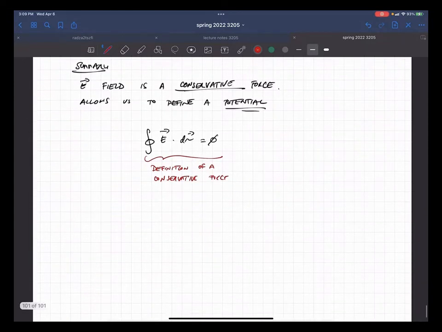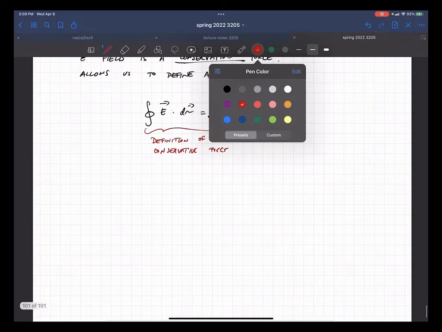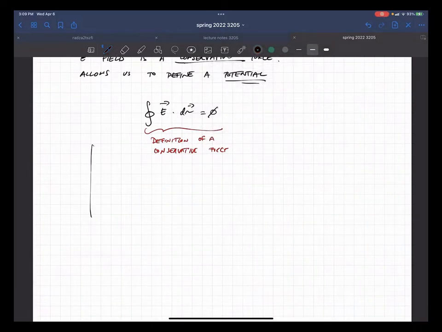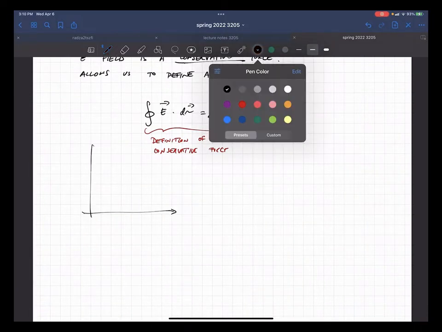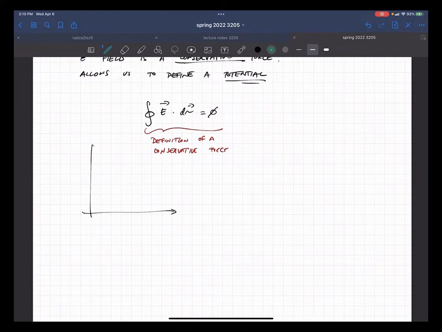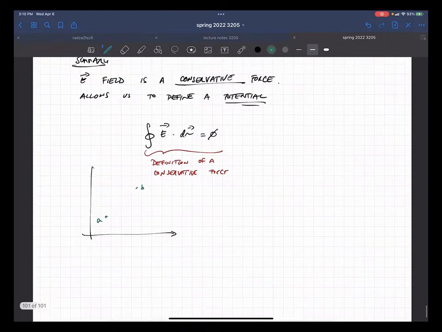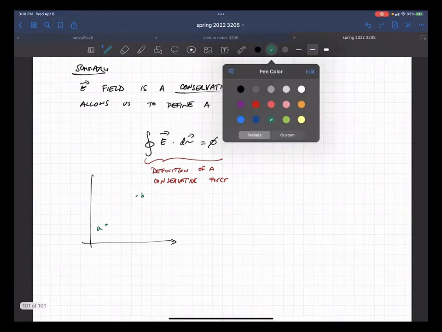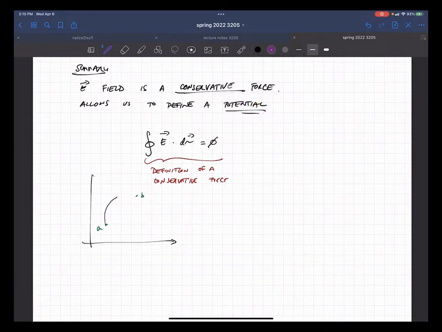If I was going to draw it a little bit, this is sort of giving it to you in a nutshell. If you take any two points, A and B, and you have a particle taking any two paths between those two points and back, that's what we mean by this closed loop.